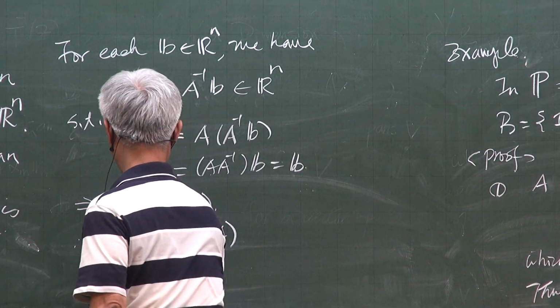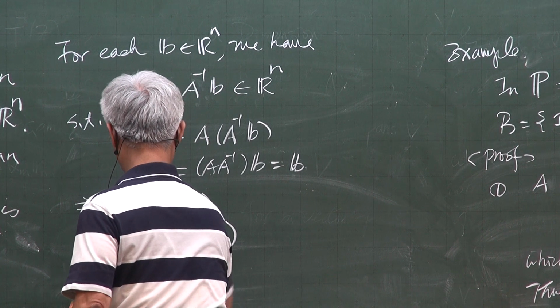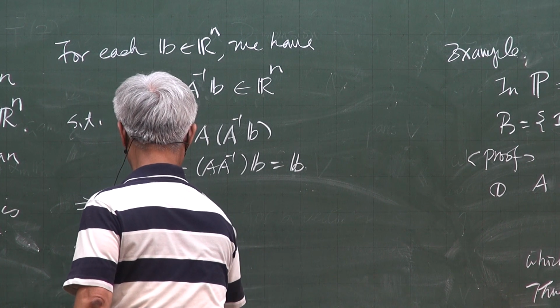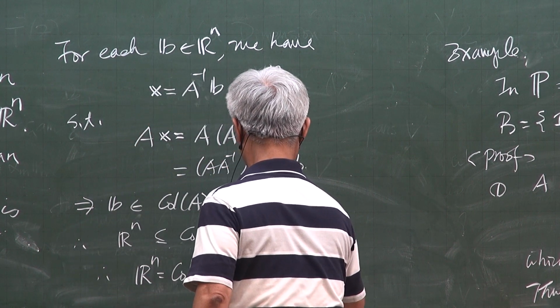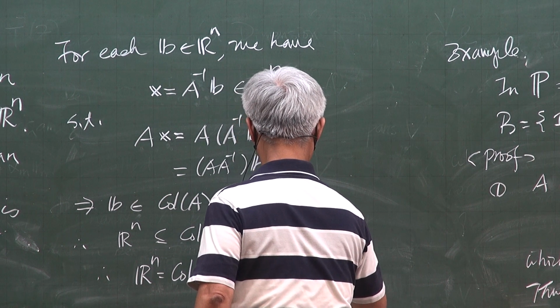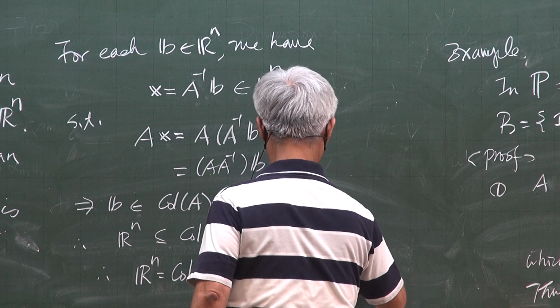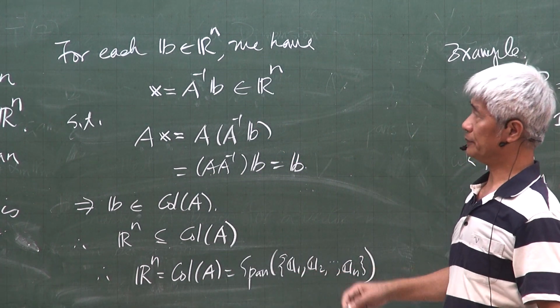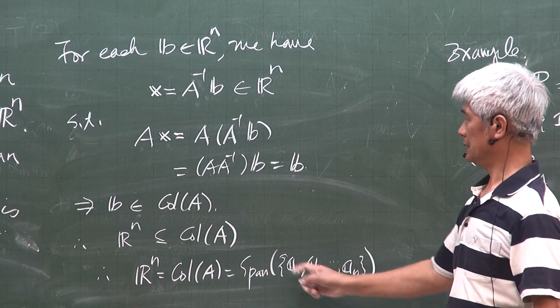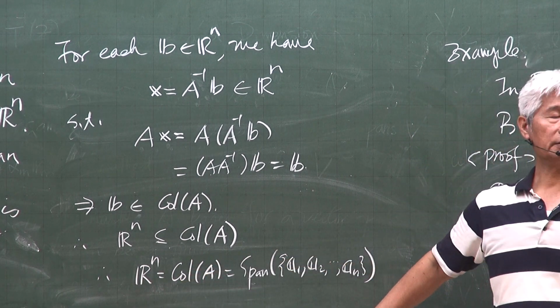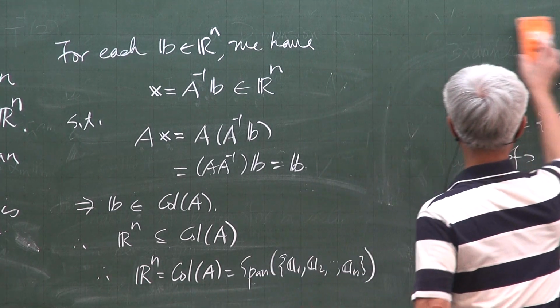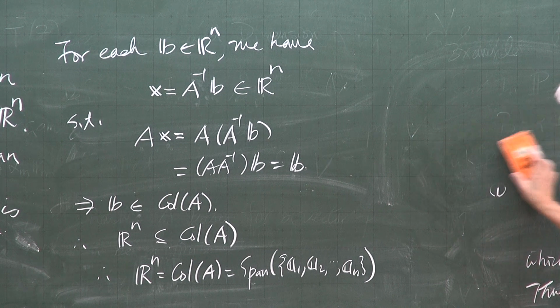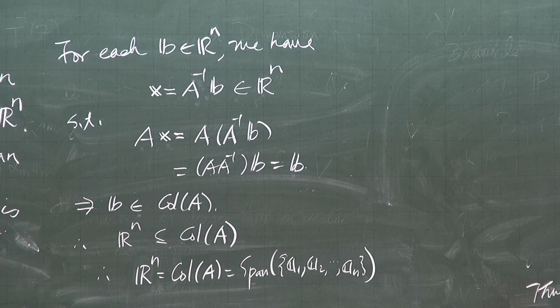And from that, Rⁿ is equal to the span of the columns of A. So we know that the set of all columns of A spans the whole vector space Rⁿ. This is the first requirement. The second requirement for a basis is that we have to show that the set of all columns is linearly independent.